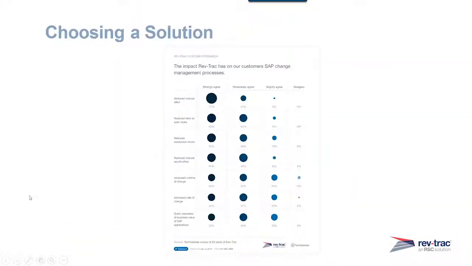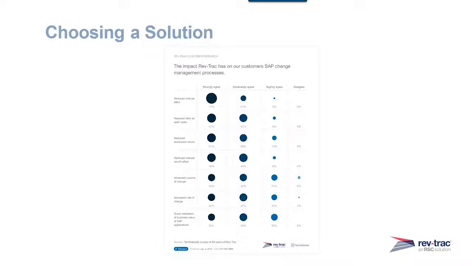Sort of wrapping up here, when you're going about choosing a solution, again, RevTrack prides ourselves on the outcomes that we're able to consistently deliver to our customers. We're constantly in contact with our customers. We go through this third-party company called Tech Validate, which helps us survey our users, and they validate the results of our survey.